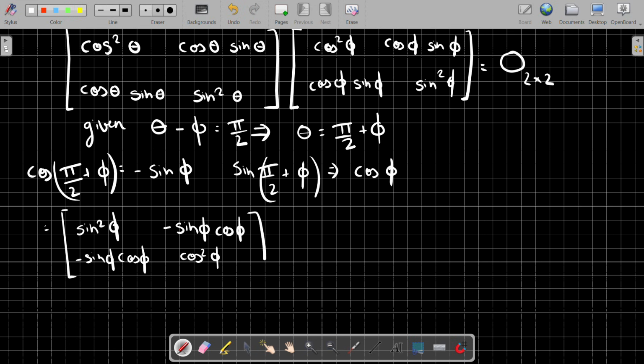So this is how our first matrix modifies to, and our second matrix remains the same, cos square phi, cos phi sin phi, cos phi sin phi and sin squared phi.